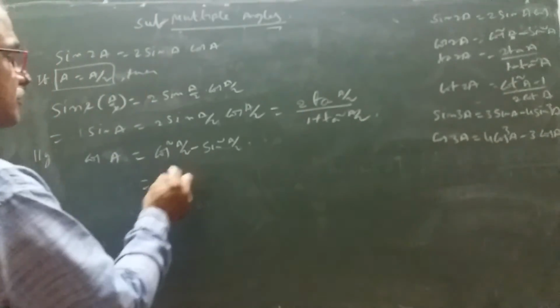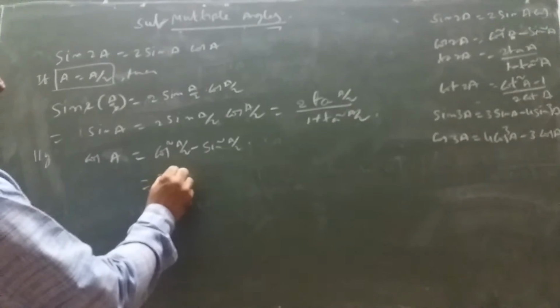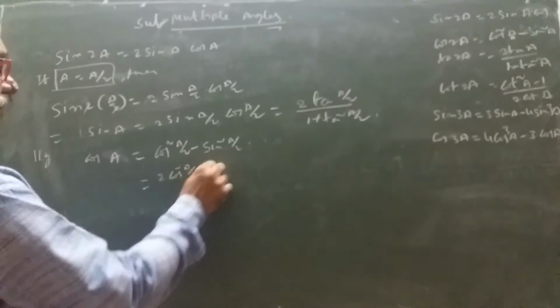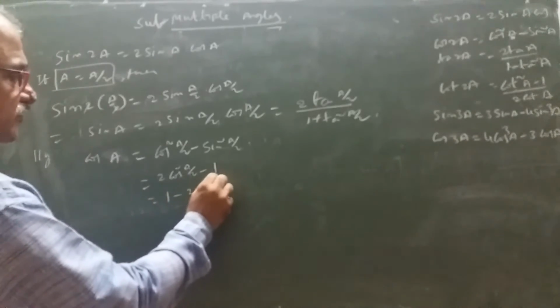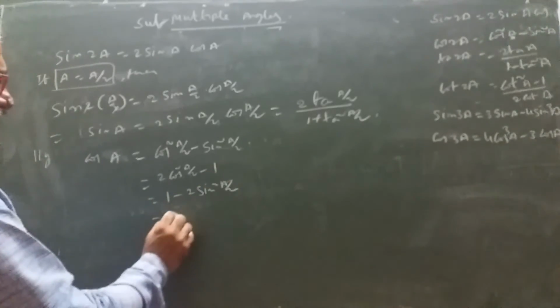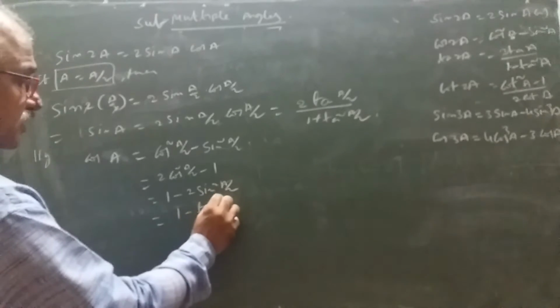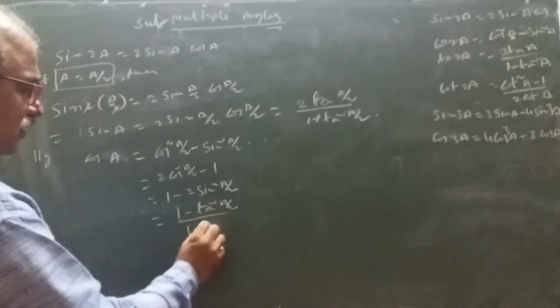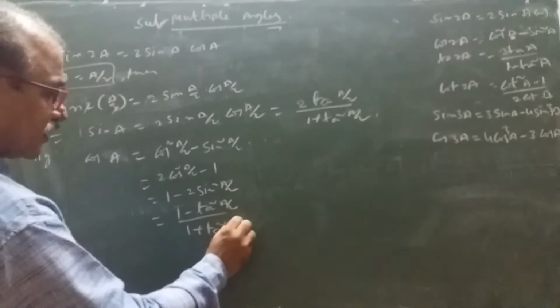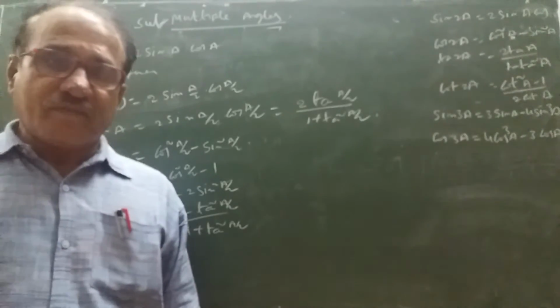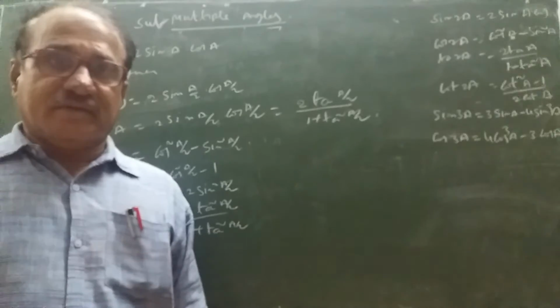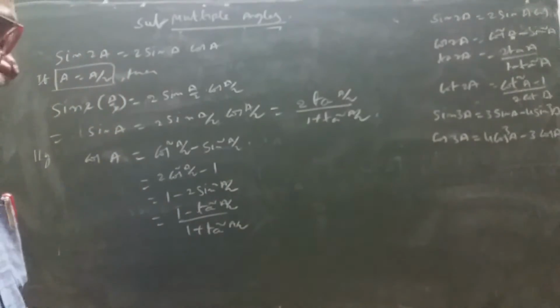In terms of cos, 2 cos square A by 2 minus 1. In terms of sin, 1 minus 2 sin square A by 2. In terms of tan, 1 minus tan square A by 2 by 1 plus tan square A by 2, which is very useful in 2B in second year in the calculus part.